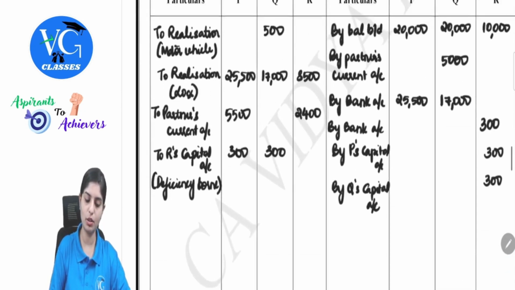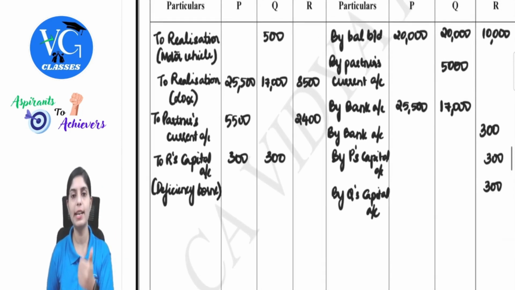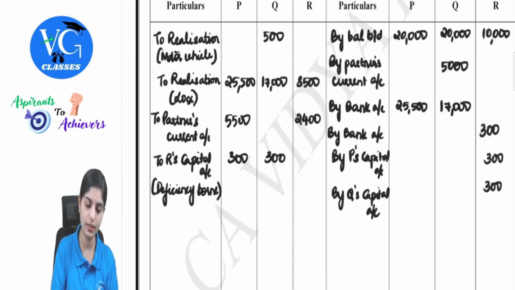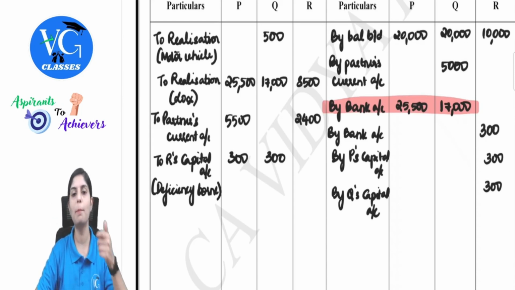So we have done the insolvency treatment. What was the first step? Introduce additional capital by solvent partners equal to the realization loss. This is the first step. Then we found out the deficiency. How to find out the deficiency? Total of debit balance minus total of credit balance. Subtract any amount realized. So the balance will be apportioned between solvent partners in the capital ratio.